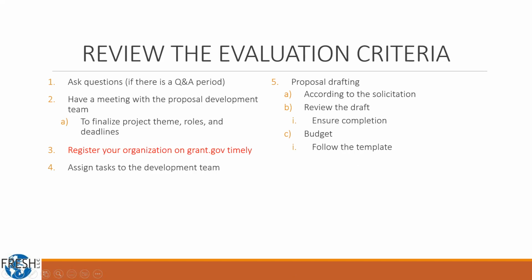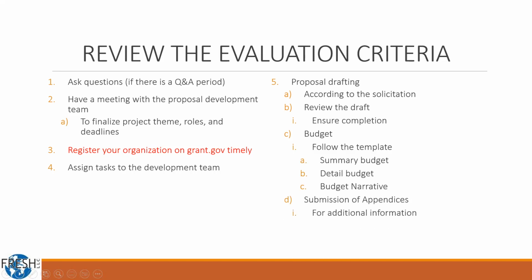You want to follow the template that is given to you, and in most cases they want a summary budget, a detailed budget, and a budget narrative, and it all has to coincide with each other. And then you could submit appendices. This is additional information that you might want to highlight to USAID that is favorable to your organization.